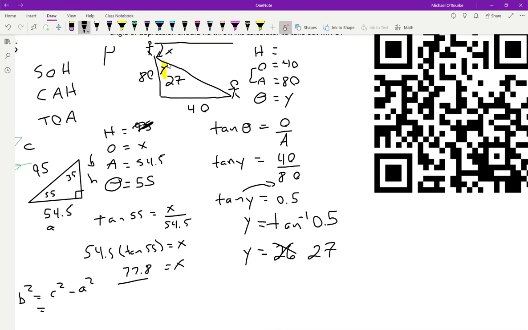So what's this angle here? If that angle is 27, this is the angle of depression that Ben needs to take his shot at. How are we going to find this part right here?